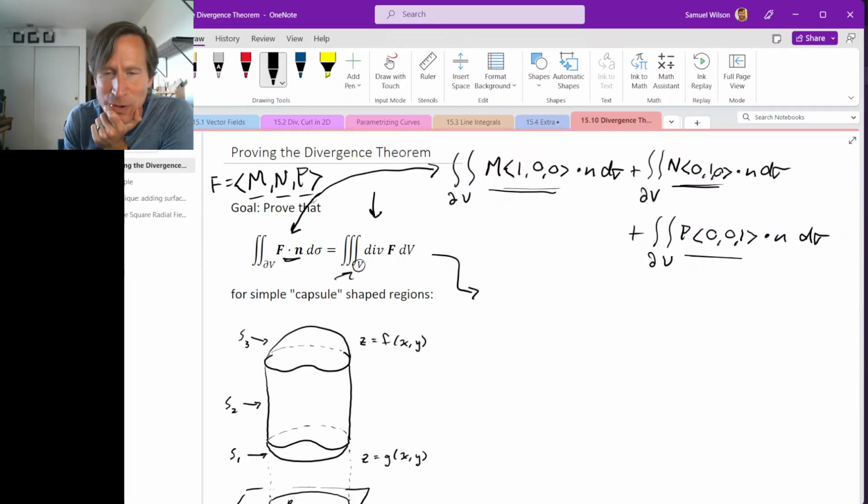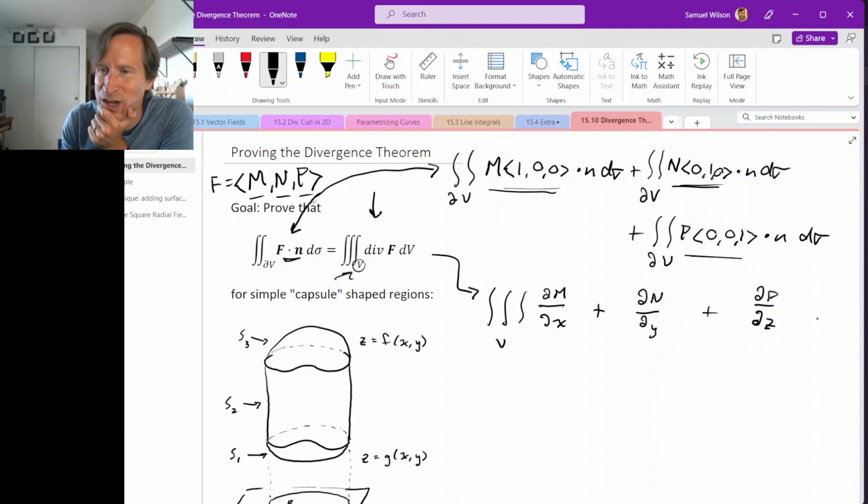For the triple integral, this is the integral over the volume of the divergence of F, that is, partial M partial x plus partial N partial y plus partial P partial z, all dV. But instead of having all of these three in the same integral, we could split them up into separate integrals like this.